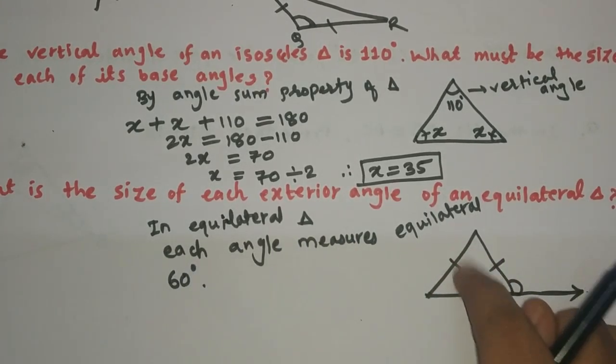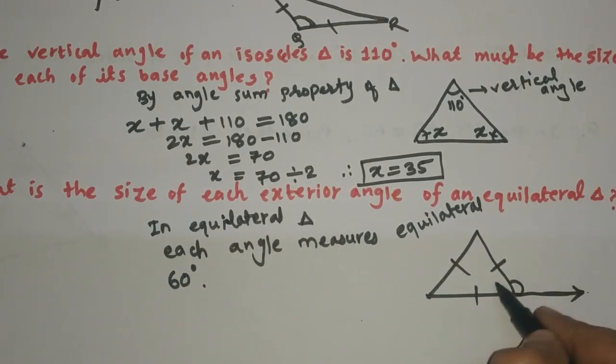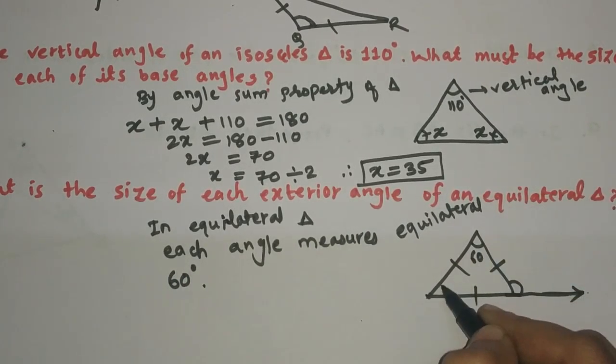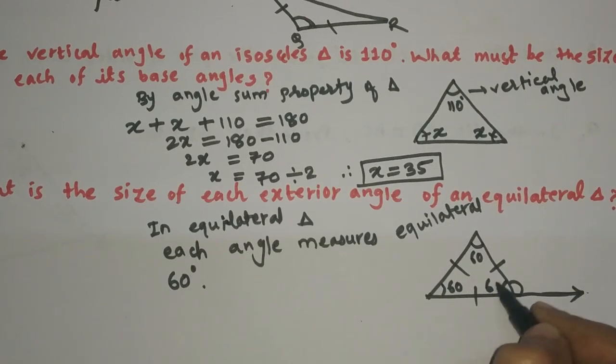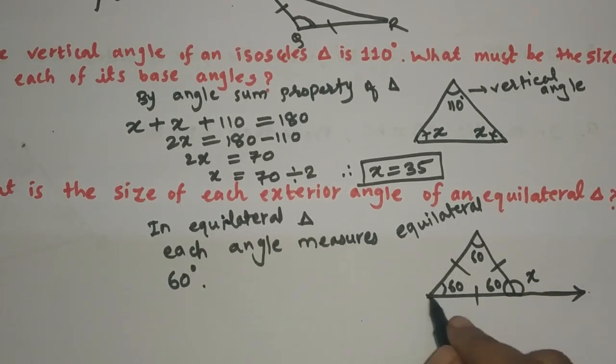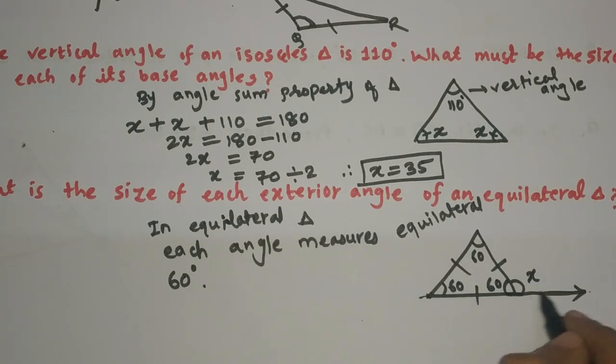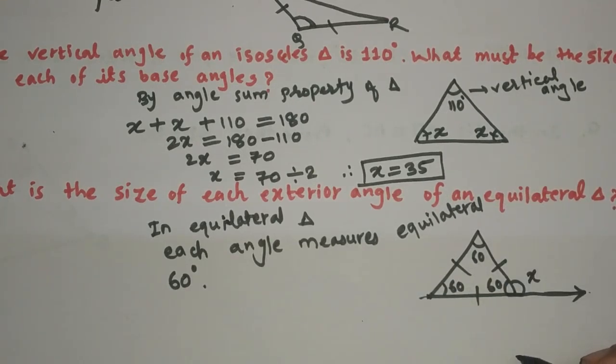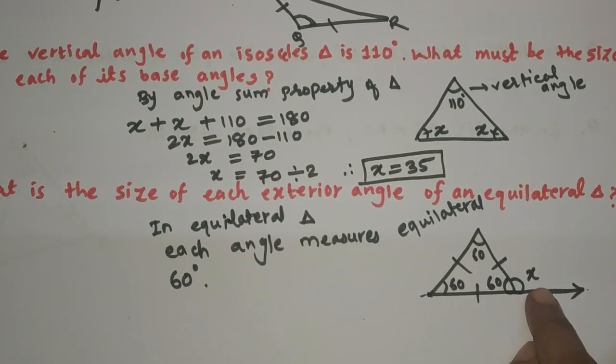So this angle is 60, this is 60 and this is 60. You want to find out this exterior angle. An exterior angle is formed when one arm is extended here and the other arm is the triangle side itself. So you can see the exterior angle property here.